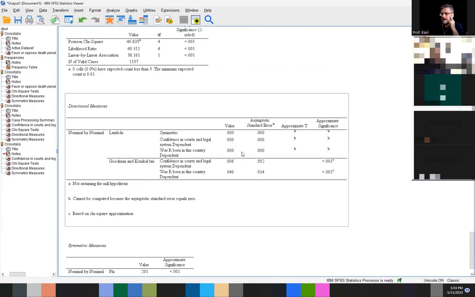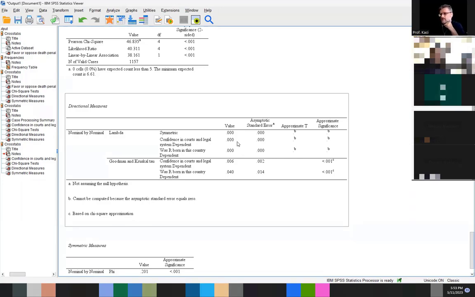Okay, can we improve the error just by knowing if somebody is born in the country or not? Okay, with Lambda, we can't.